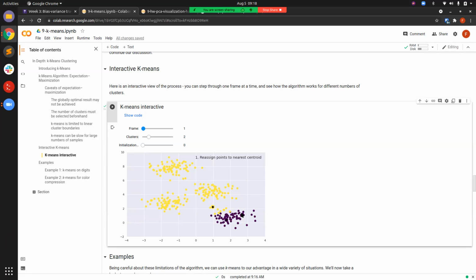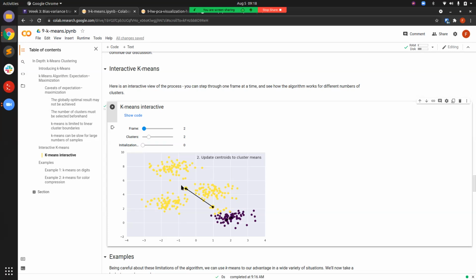I expect the purple one won't move much. It's already almost in the center of its assigned points. The yellow one has many points to the top left, so I expect that it will move much farther to the top left. You can see the yellow one moved right here.